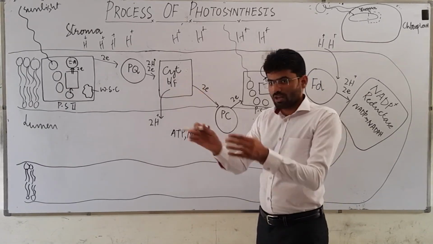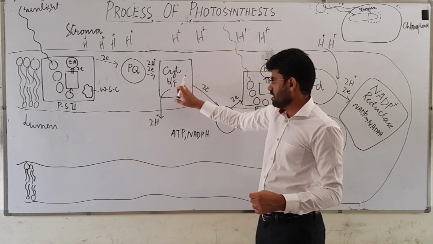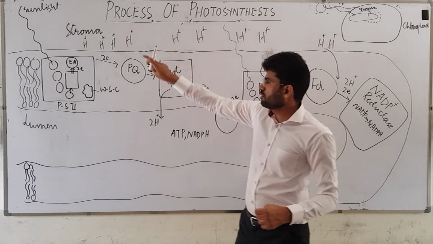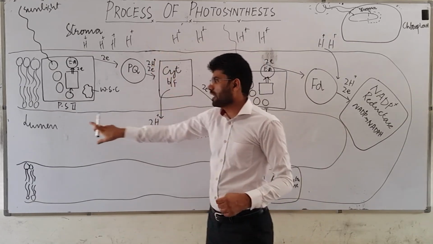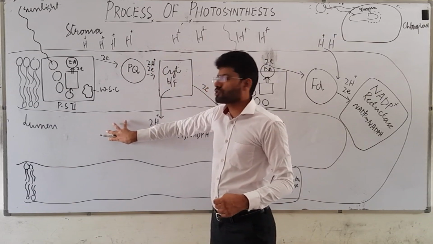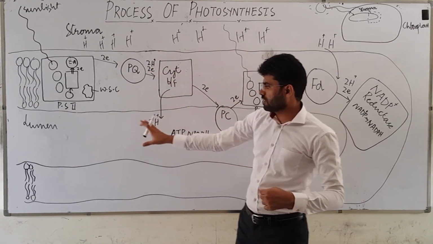This complex will separate the two electrons from itself, and the two protons which came from the stroma will now be given to the lumen, or they will be stored inside this thylakoid called the lumen.